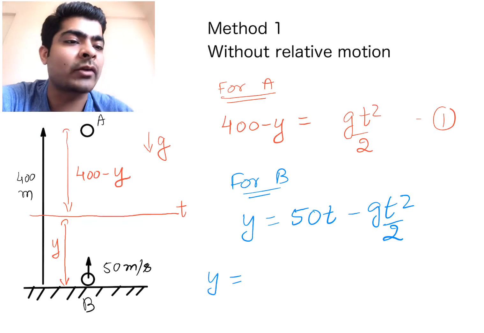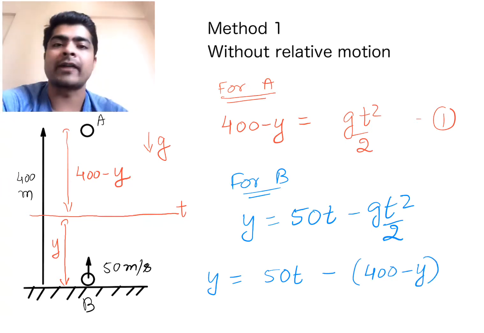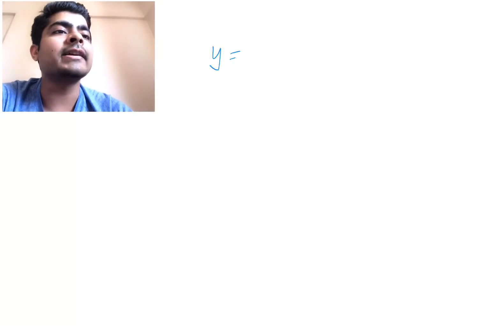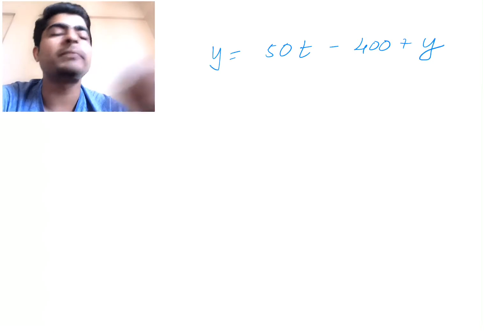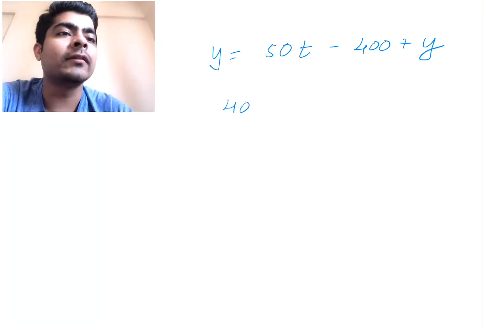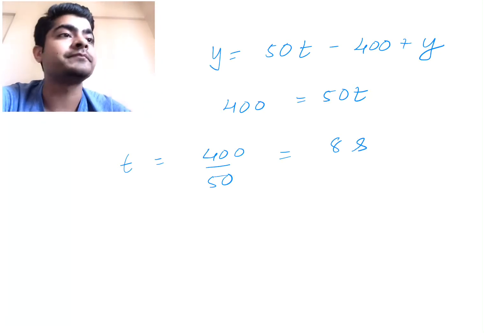So y equals 50t minus (400 minus y). When you simplify this, y equals 50t minus 400 plus y. So y will cancel out. Then you get 400 equal to 50t, or t equals 400 by 50, that is 8 seconds.